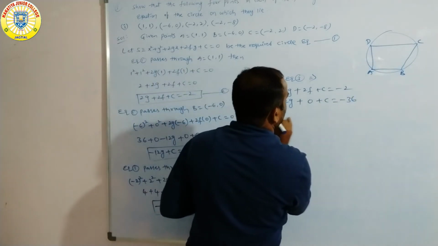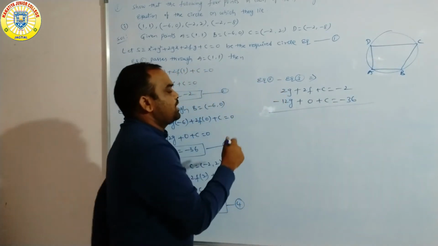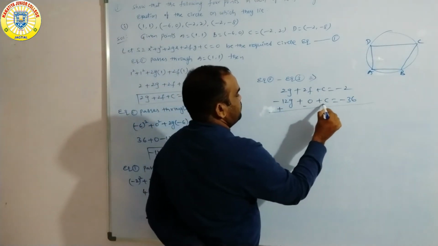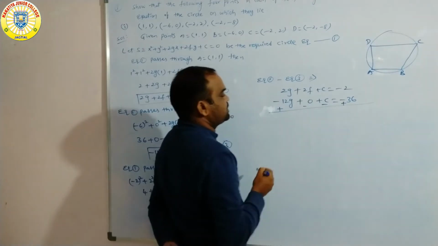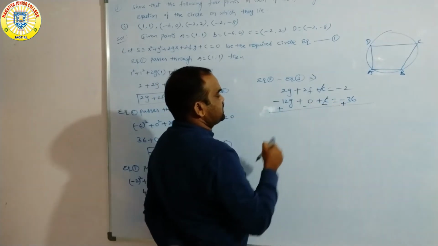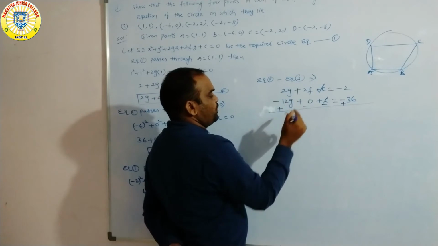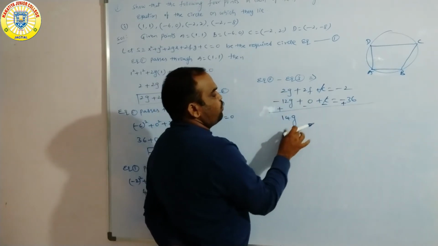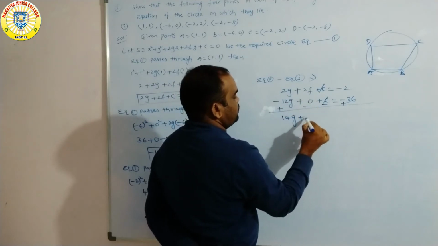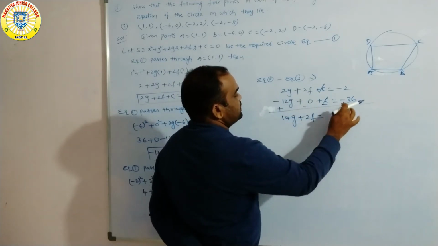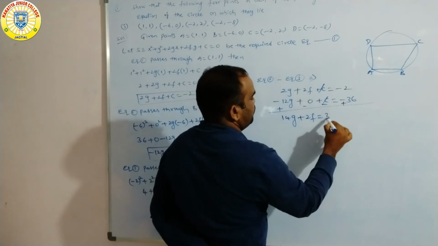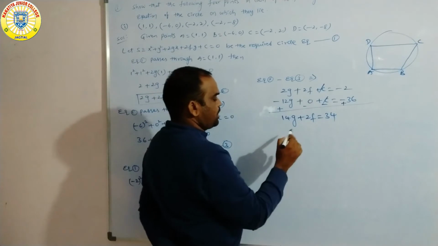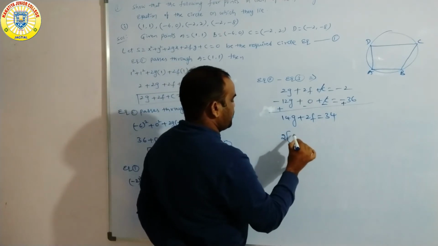So we are subtracting, that's why signs will be changed: minus minus plus. Here minus 0, minus c, plus 36. Plus c minus c cancel. 2g plus 12g is 14g. 2f minus 0 is plus 2f, equal to 36 minus 2, which is 34. In all the terms we can take 2 common.